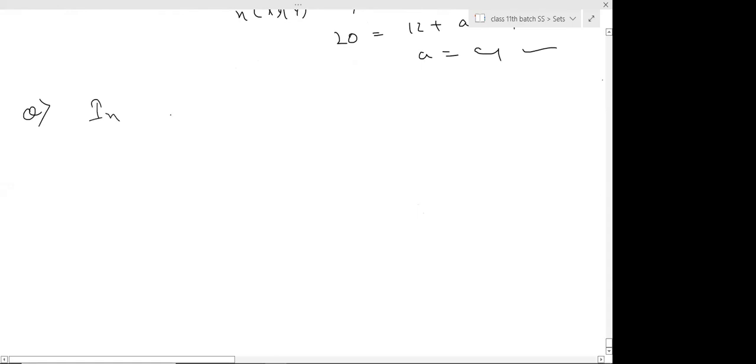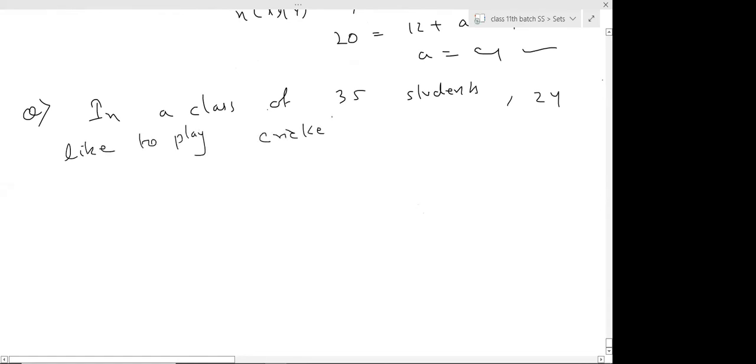In a class of 35 students, 24 like to play cricket and 16 like to play football.